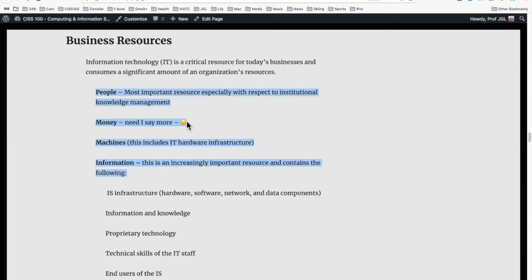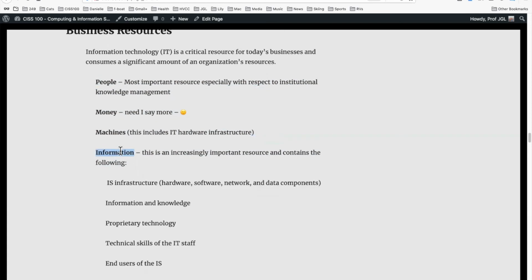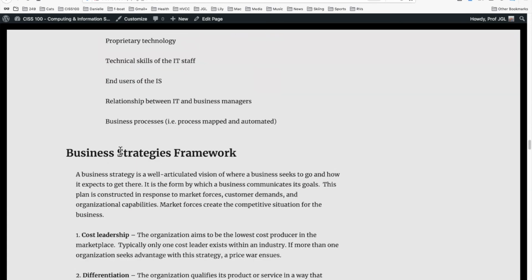Money, well, if you have money, you can buy people, you can buy information, things like that. I should have said pay for people, pay salaries. Machines, and of course, information. And again, here it's changed. The focus that was previously on technology and all these things is now moving towards who has the most data.